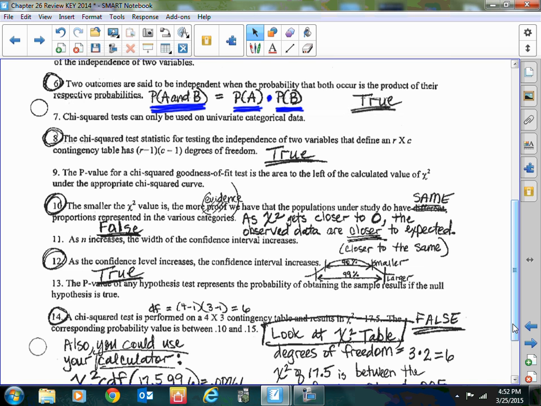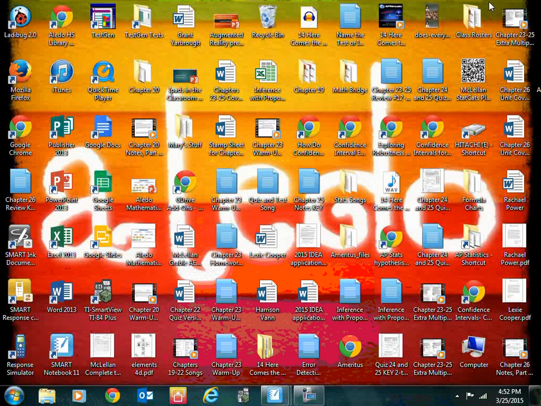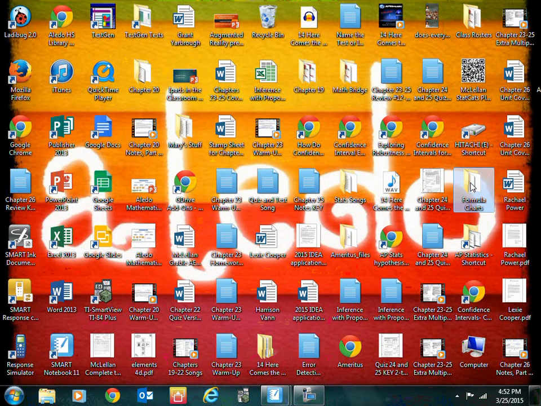You can kind of see that on the formula chart. I'm going to show you where that is. It's on the front side of the formula chart, the regular one. Let me see if I can pull that up really quickly.